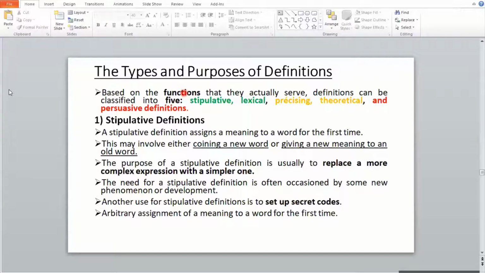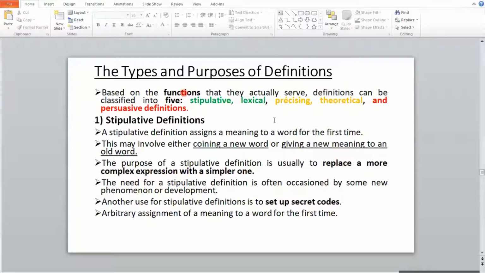The objective of each type of definition we'll look at in detail. In general, based on their function, the defining criteria, the typology, is their function. So don't forget that. The typology depends on the function of the definition.